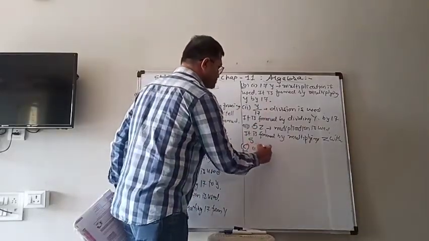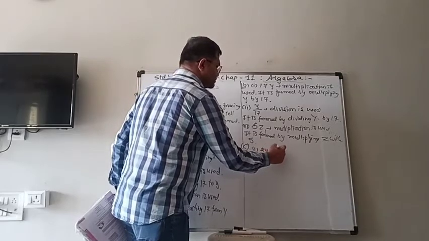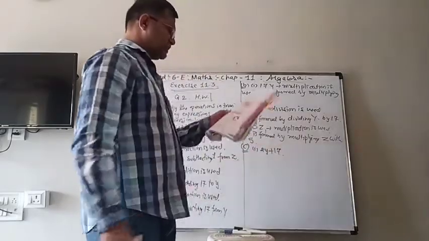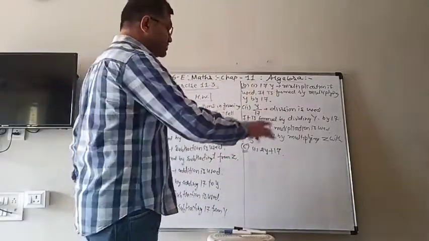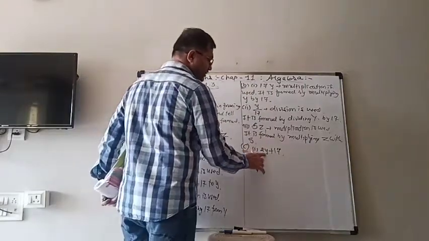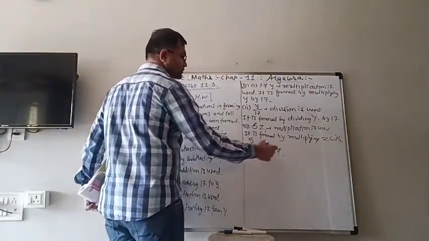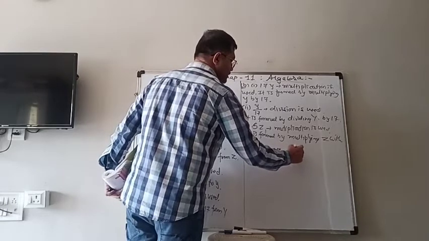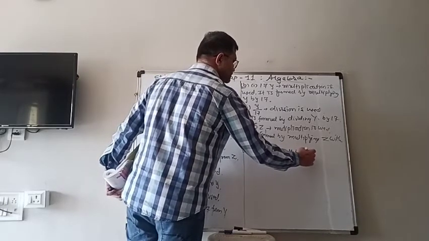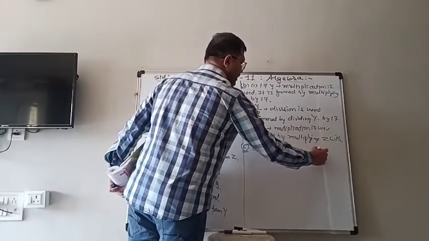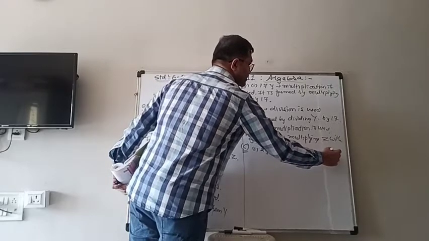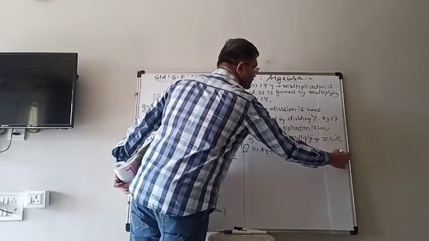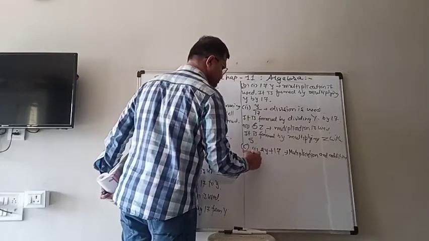Here two are given. First is 2y plus 17. So here you can see that multiplication and addition both are used.